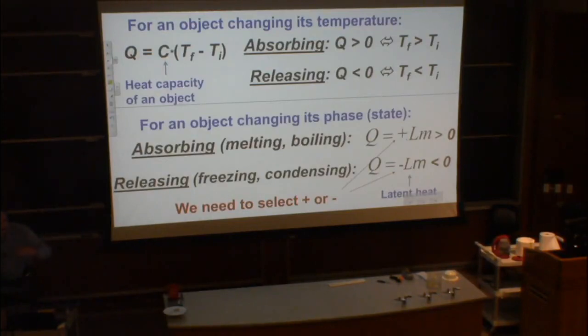The energy inside is more and more. In that case, Q should be positive. We have to choose a plus. When an object gives away the energy, it loses energy. We should choose a minus. The equation doesn't take care of it automatically. We need to remember. That's it.